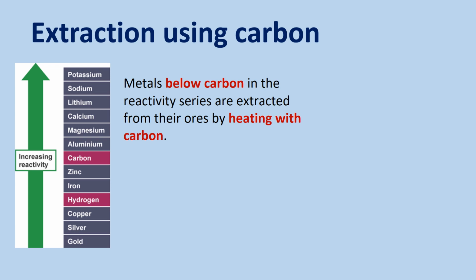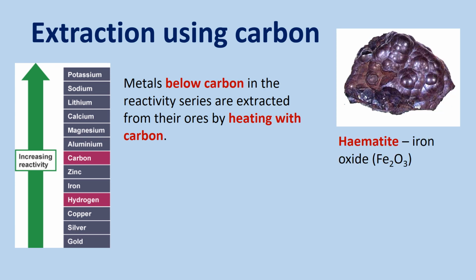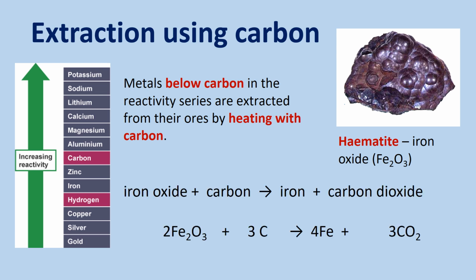So here is hematite, iron oxide, and iron oxide is heated with carbon to make iron and carbon dioxide. The carbon is oxidized to carbon dioxide and the iron oxide is reduced to iron.